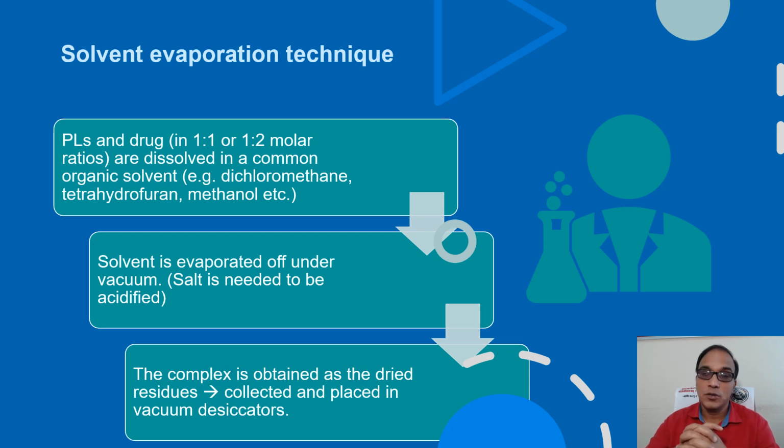Okay, so you will have to acidify those drugs so that they have the free hydroxyl group available for interaction. Then the complex is obtained as dried residues, which are collected and placed in vacuum desiccators. So you can have these complexes, and depending on your requirement you may lyophilize them if it is feasible and if it is available with you.